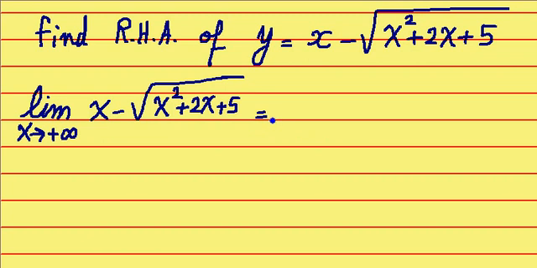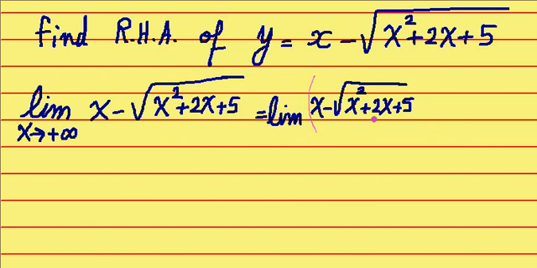So I take this expression, write limit of, write what I had, x minus radical x squared plus 2x plus 5. I have to multiply this. This is what I had. I multiply this thing with its conjugate. What's a conjugate?